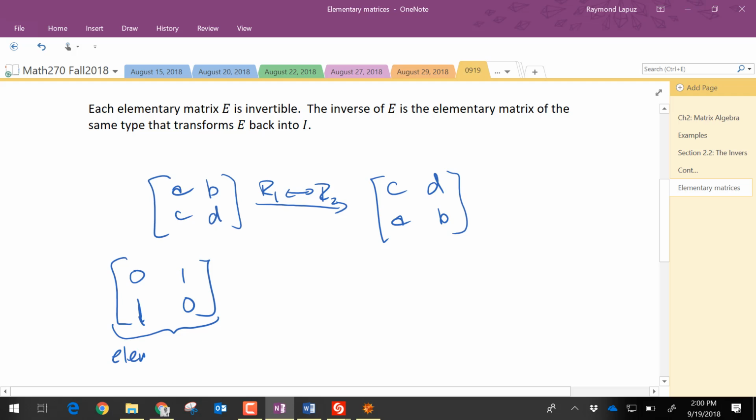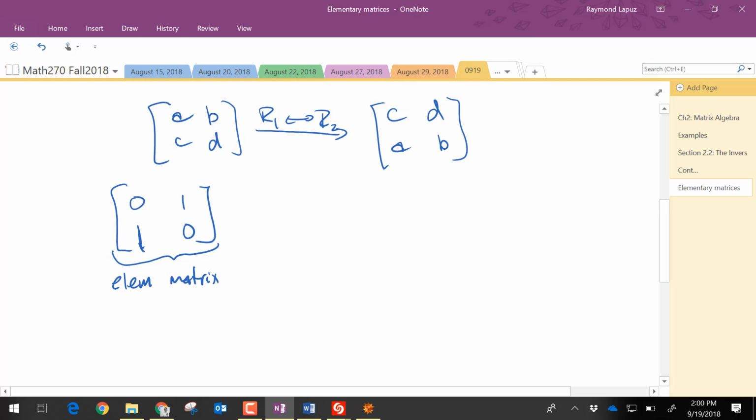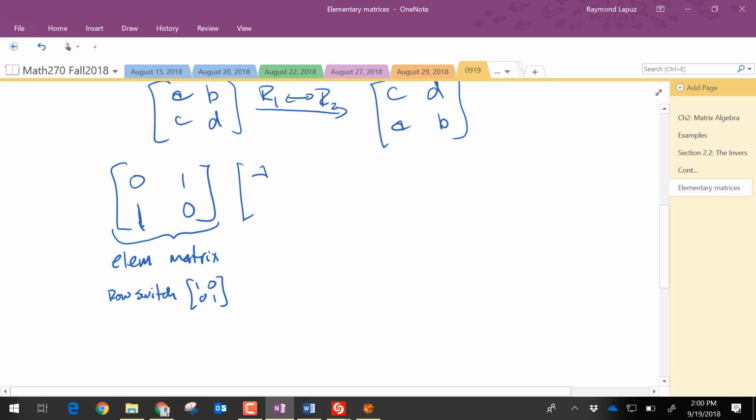This elementary matrix is a row switch of your identity. Then if you multiply this by A, B, C, D, you're going to get the same thing as if you had done the elementary row operation on that matrix.